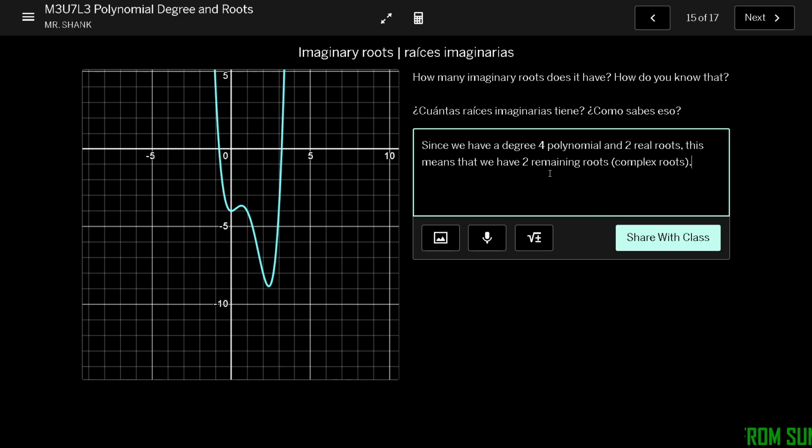So we should be able to count the number of changing points, add 1 to it to get our degree. Once we have our total degree, I can easily count and identify where our x-intercepts are. We subtract the 2, and we get 2 remaining roots. So I say 4 minus 2 is equal to 2, which tells me I have 2 complex roots.